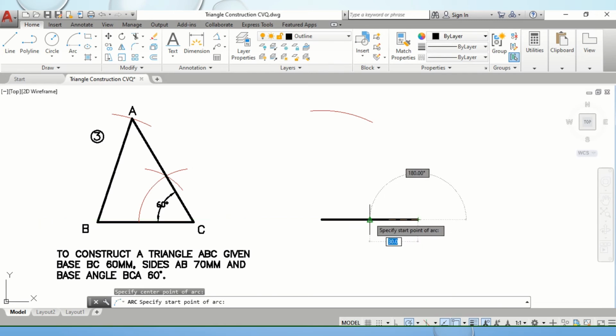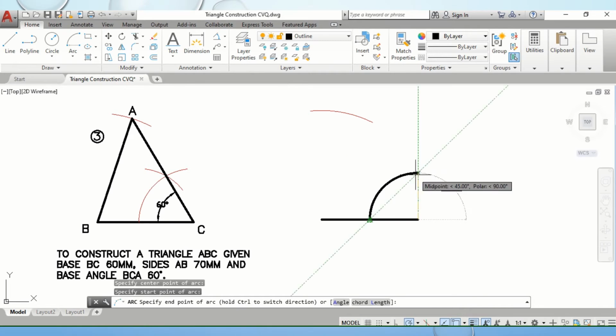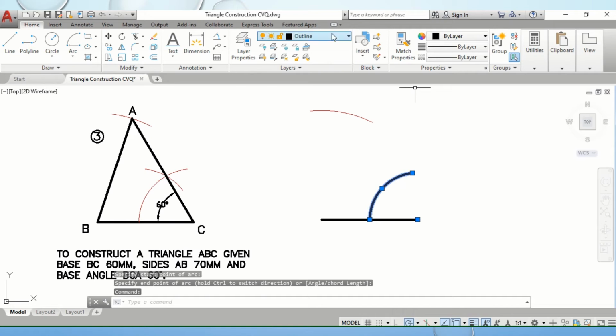basically we're going to have a start point. We're going to open our compass to any convenient radius, and we're going to draw an arc. Put this in a construction line.